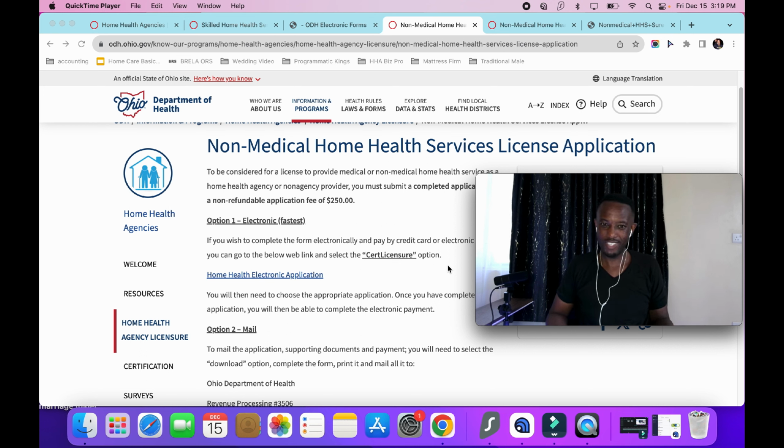So it's pretty difficult to compete with somebody that is making a lot of money at the local hospital. So I would recommend you go for this option because it's much easier for you to hire staff.